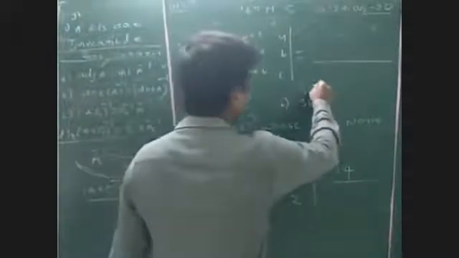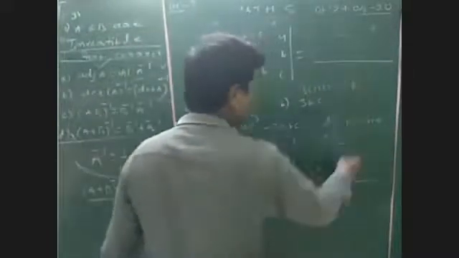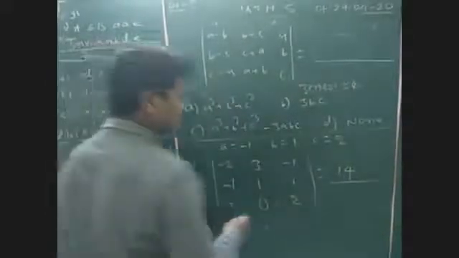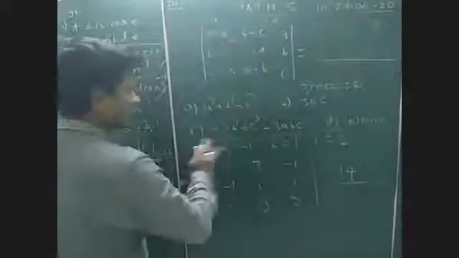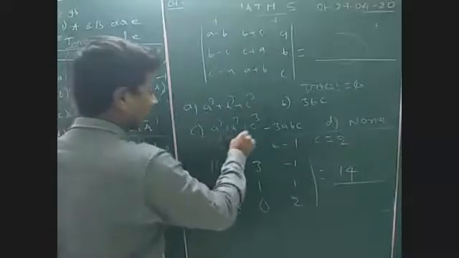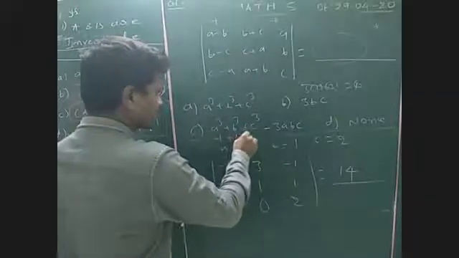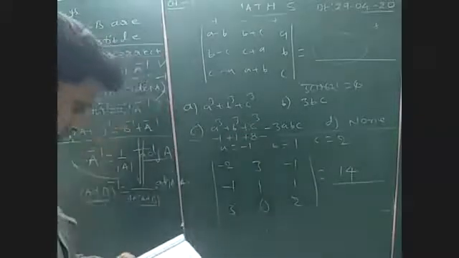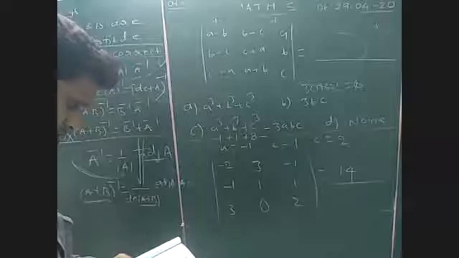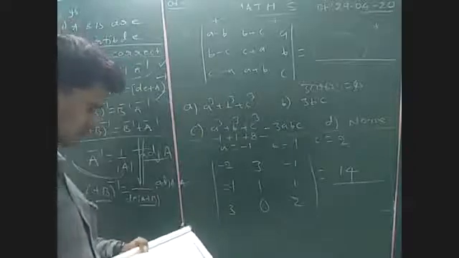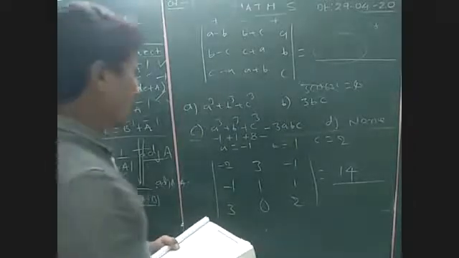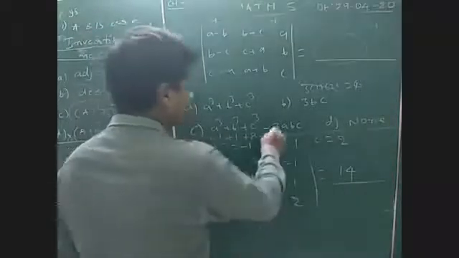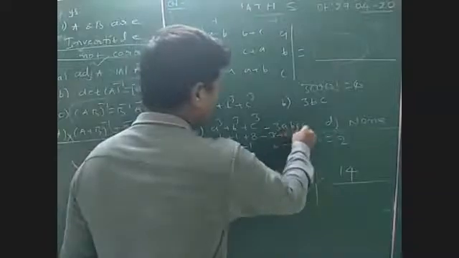3 into 1 into 2 is 6. 6 is not equal to 14. This is also wrong. Third option: minus 1 cube is minus 1, plus 1, plus 8, minus 3ABC. The value of minus 3ABC is 3 into minus 1, 1, 2.